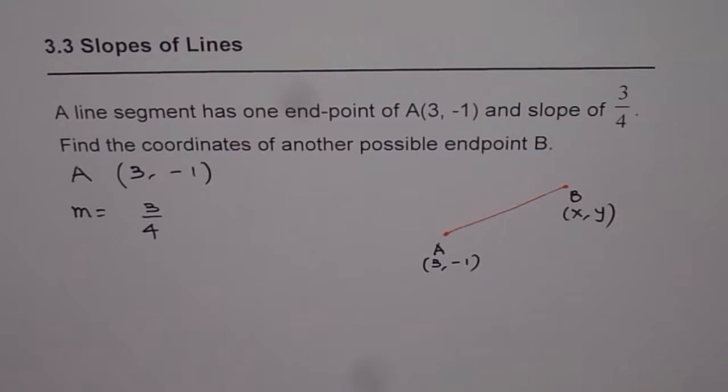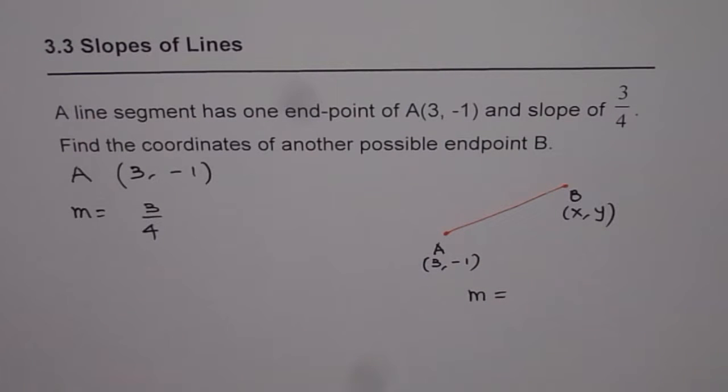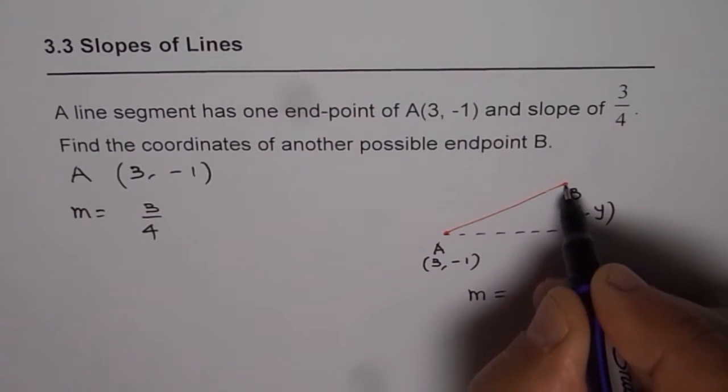Well, let's start from the very basic definition of slope. Slope of a line is the ratio of change along the y-axis to the change along the x-axis between the 2 points. That is to say that slope m is equal to, let me see what the change is here, so let's draw a triangle.